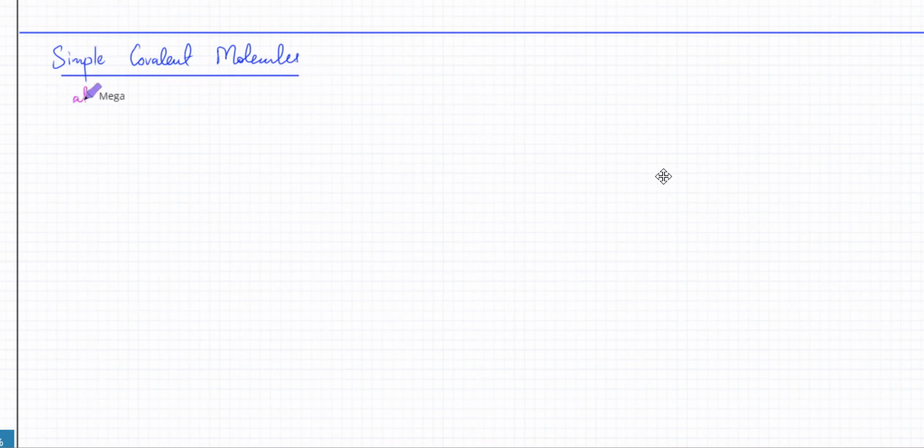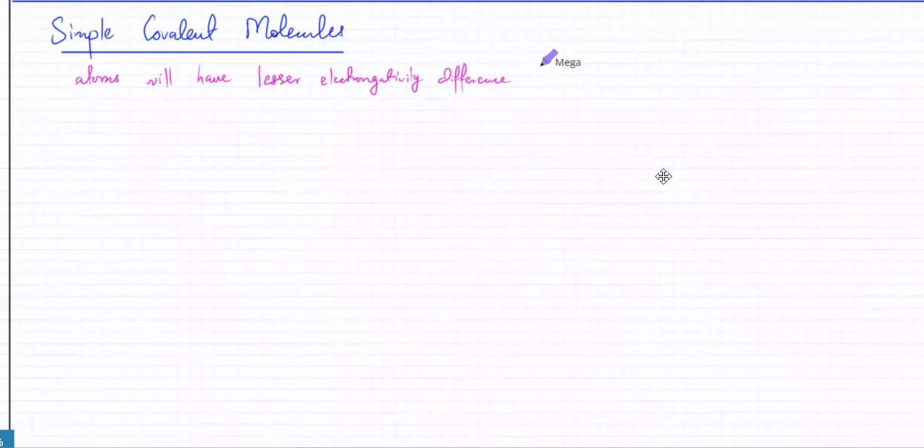So the atoms will have lesser electronegativity difference. So when you have lesser electronegativity difference, that's when covalent molecules are going to be formed. So it's always going to be between non-metals.